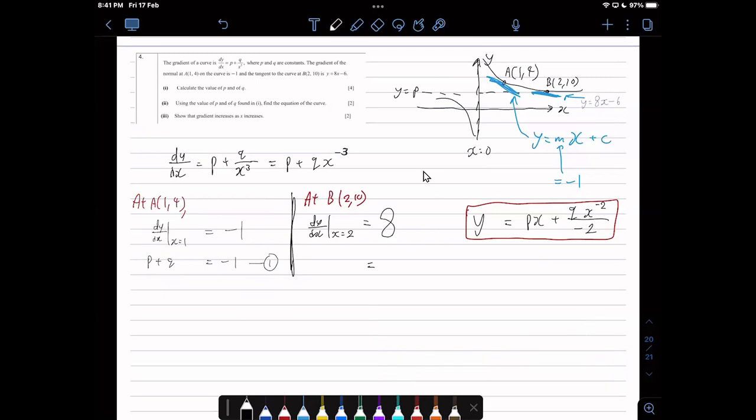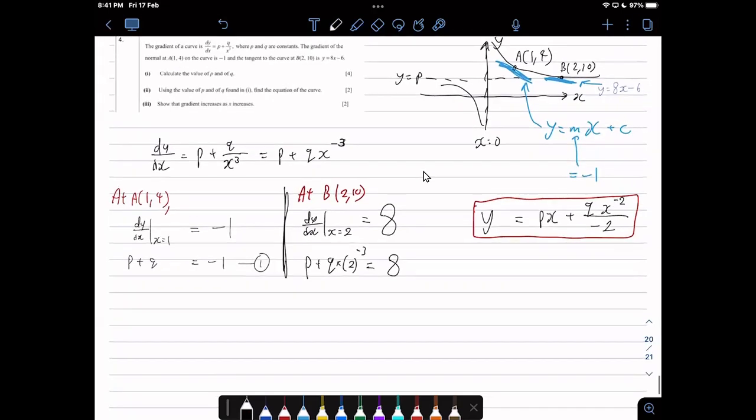Then you write p plus q times 2 to the power of -3 equals 8. 2 to the power of -3 is 1 over 8, so p plus q over 8 equals 8. 8p plus q equals 64.